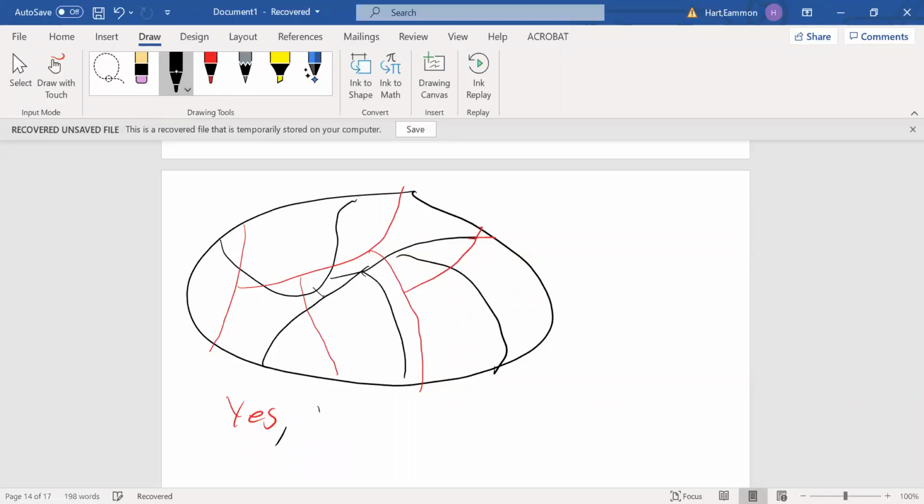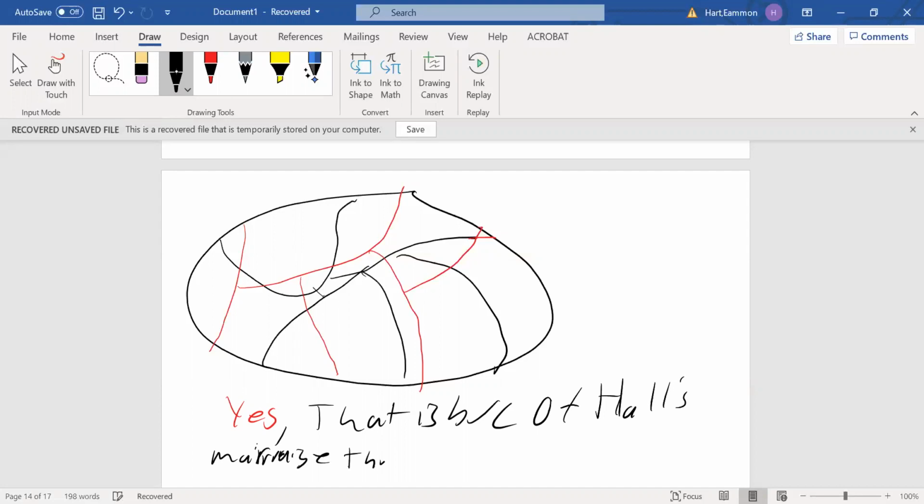And that is because of Hall's matching theorem, or marriage theorem. It goes by either name.